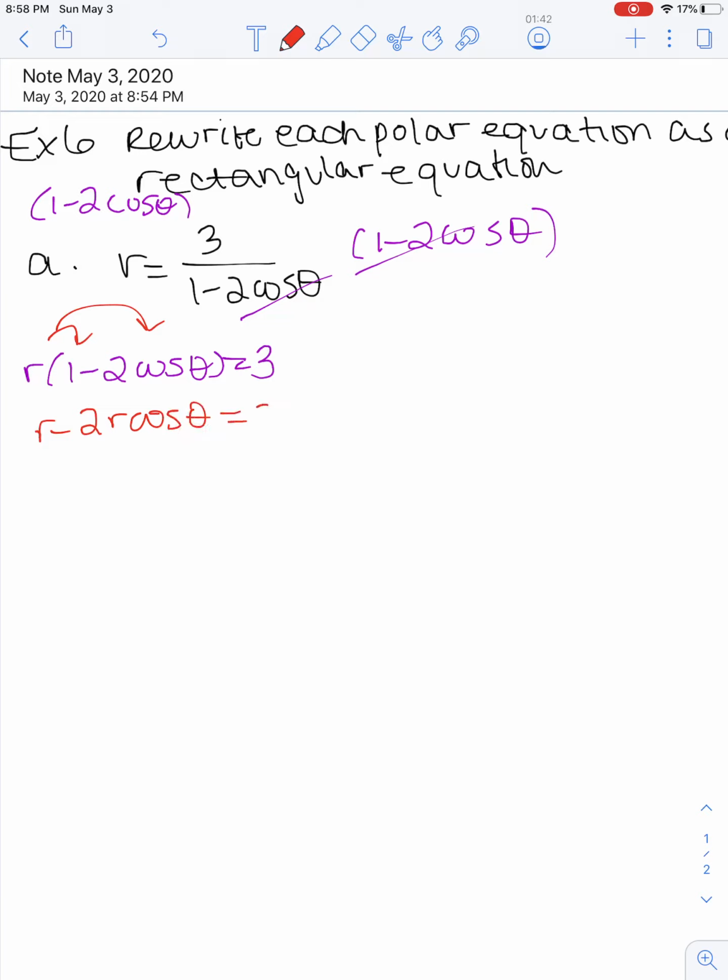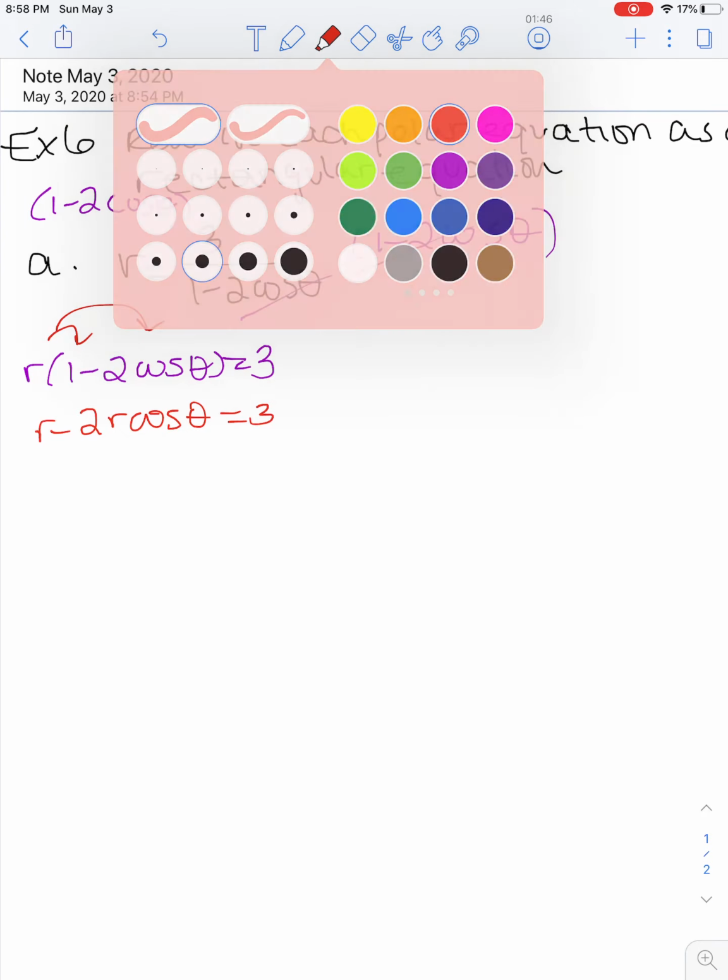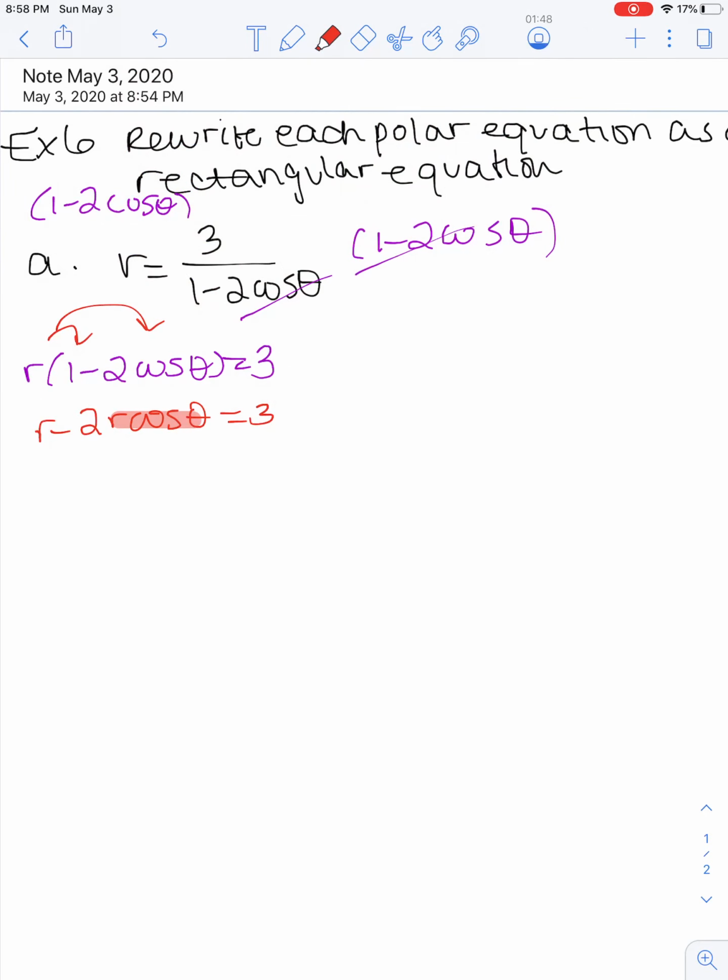cosine theta equals 3. And now I'm in a position to utilize an equation that will get rid of my r cosine theta, right? We know that our rectangular x can be defined as our polar r cosine theta.